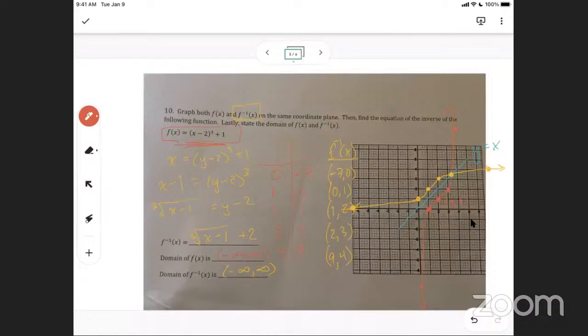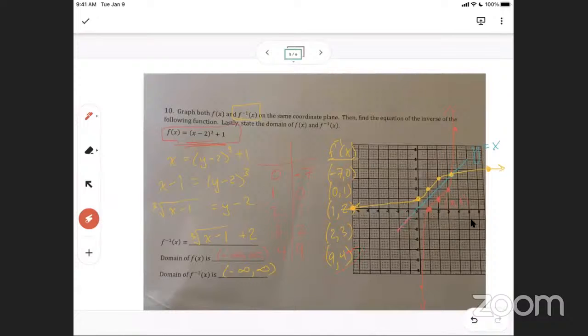That makes sense? Any questions about how I did that? I know I did that kind of fast, but I showed you all the different ways to think about inverses. So again, to review, three main ways to think about inverses. You flip the x and the y: you can get a set of points and then just interchange the x and the y and that's your inverse.